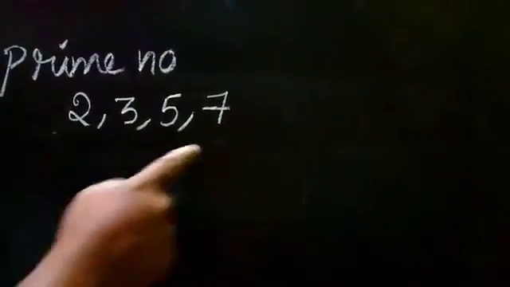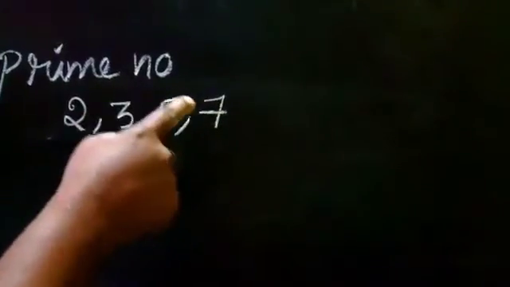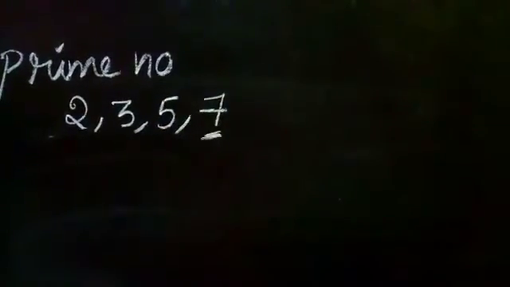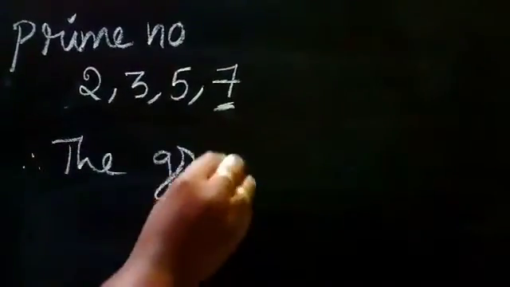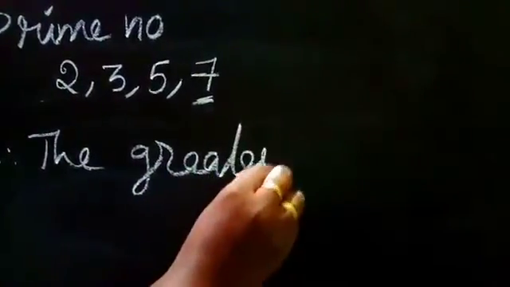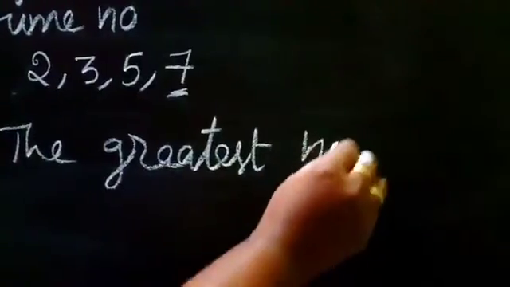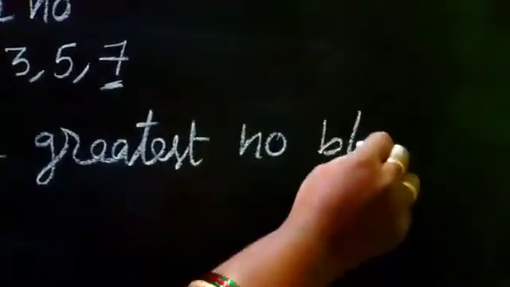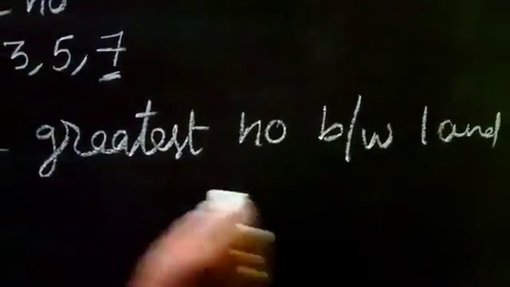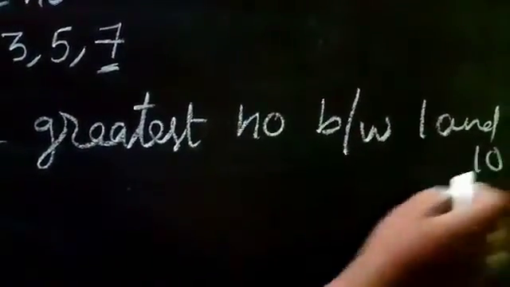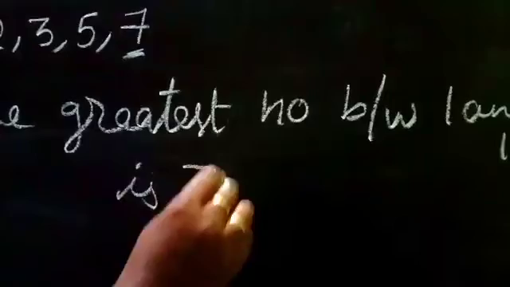Then which is the greatest number among these? This is the greatest number. Therefore, the greatest prime number between 1 and 10 is 7.